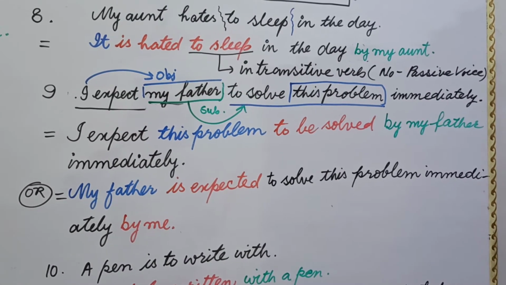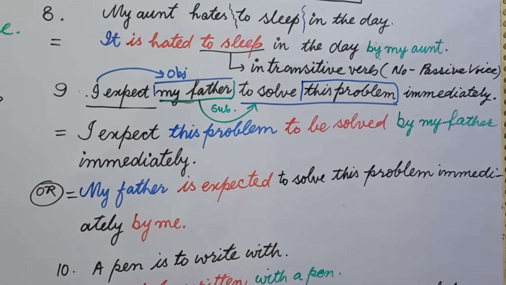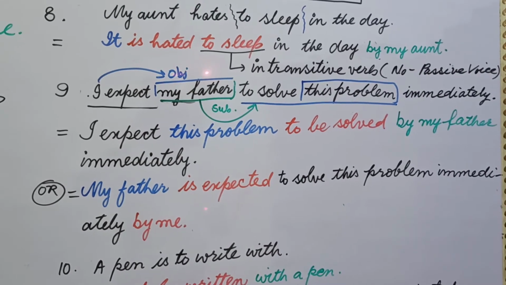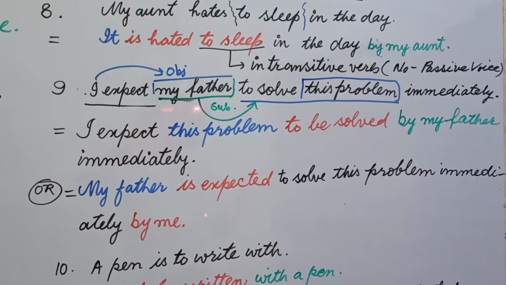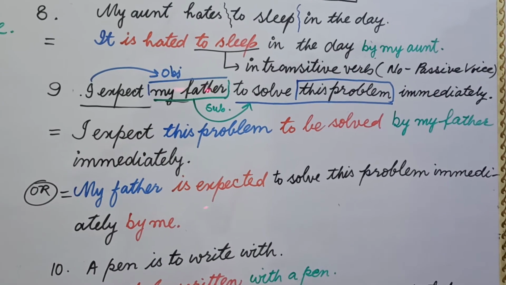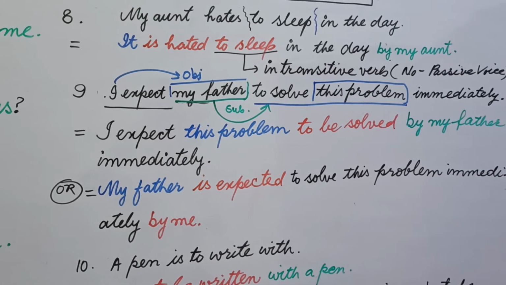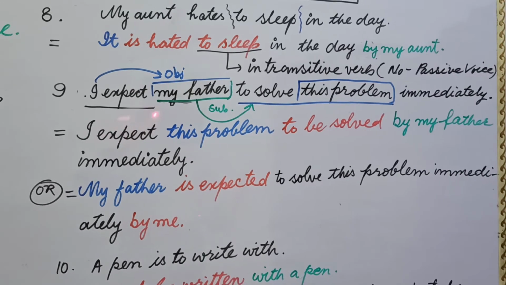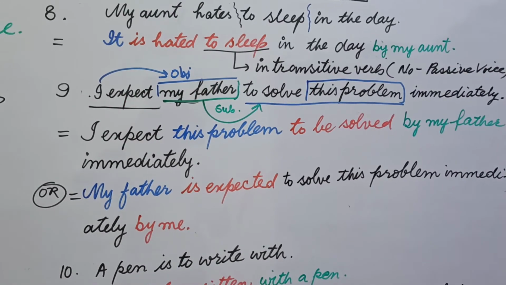Now I have created a box. I have enclosed my father with a box, and half of this box is blue and half is green. Why? Because whenever I write any subject, I always display it in green color, and whenever I display an object, I use blue color. So my father is an object of the verb "expect".